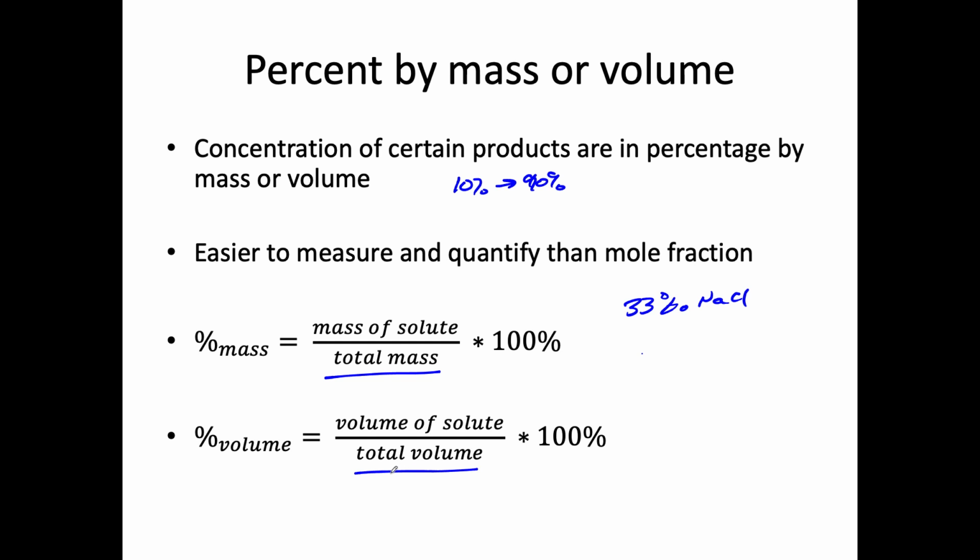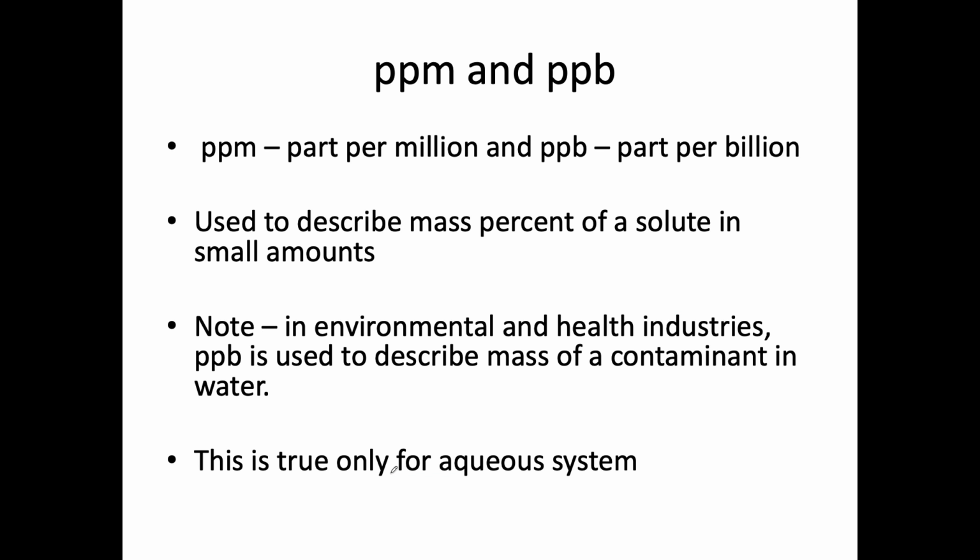Now, since the environmental field got going, you also know ppm and ppb, and these are used to describe small mass percents of a solute in small amounts. The next slide will tell you what ppm and ppb actually mean. But I want to make this note.